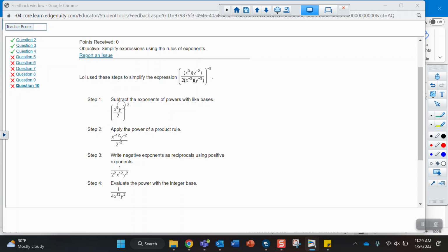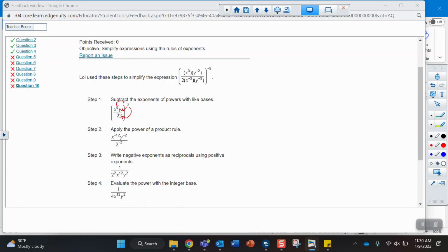Okay, we didn't do anything with that because there's no coefficient up top where I could try to cancel or reduce. Apply the power of a product rule. So everything gets the negative 2 power. So x to the negative 12th, that's good. Y to the negative 2nd, that's good. 2 to the negative 2nd, that's good. Write negative exponents as reciprocals using positive exponents.